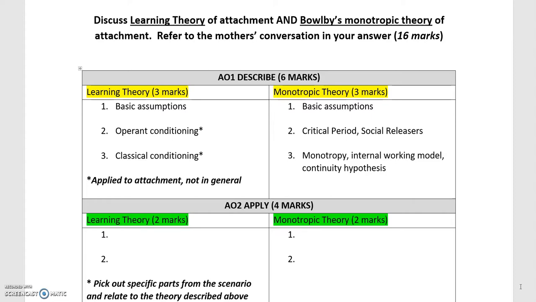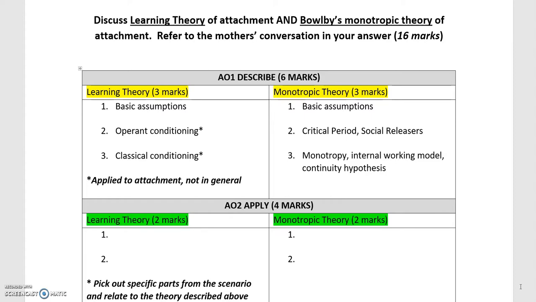Similarly, to get your 3 marks for monotropic theory, you need to give the basic assumptions. This is where you talk about Bowlby's evolutionary approach and how he thinks things are innate and have an adaptive function. And then remember, there are 5 key terms that you need to talk about for monotropic theory. You don't necessarily have to mention all of them. It's only worth 3 marks.